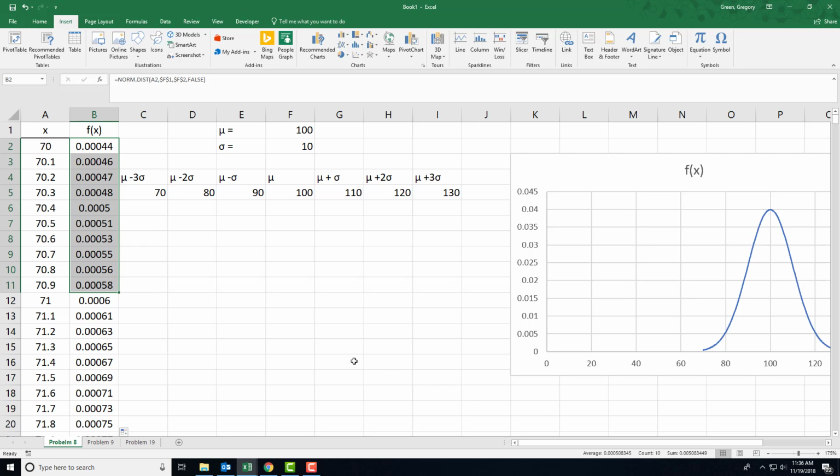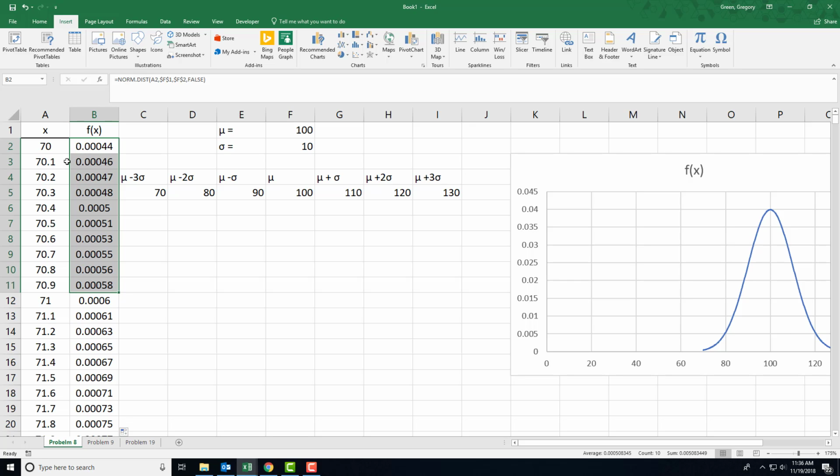Now, any guesses why? If you guessed that it has to do with between, and remember this is a continuous distribution, so there is mass in between 70 and 70.1 that is not being counted in these numbers.